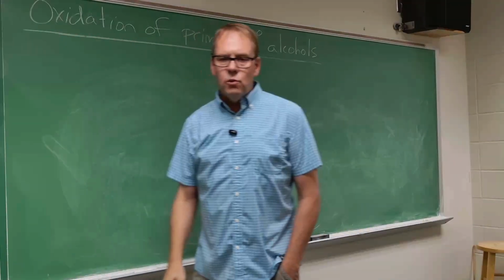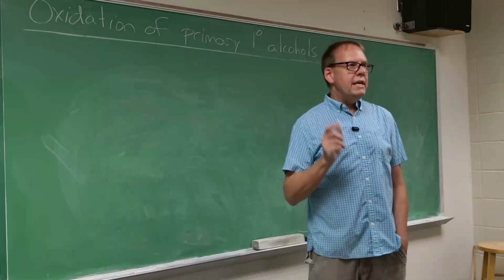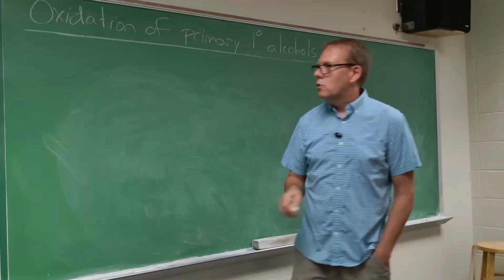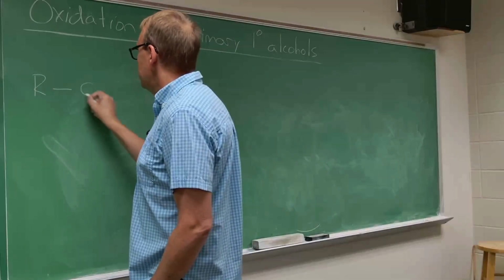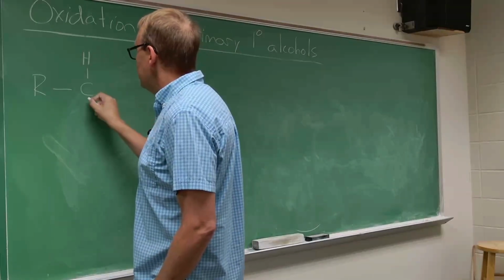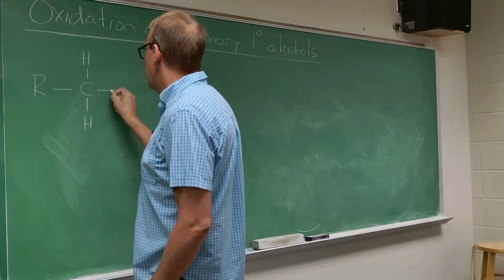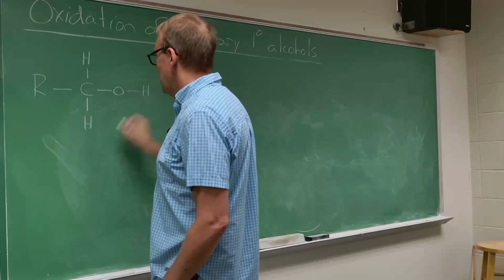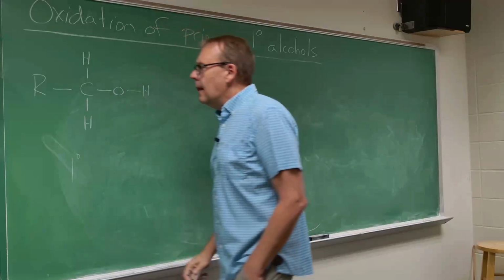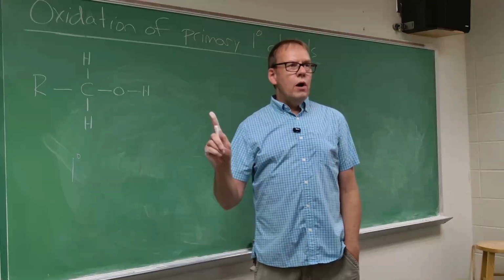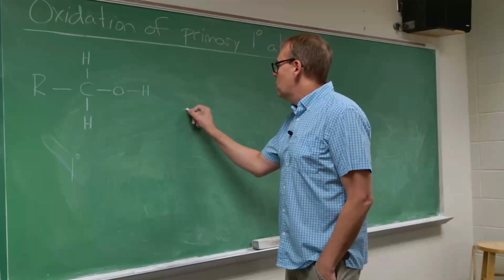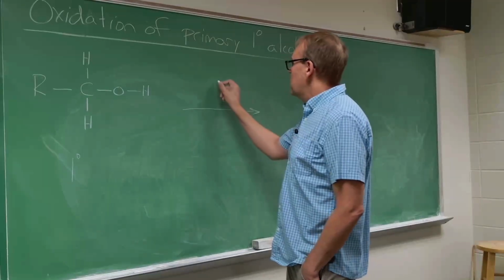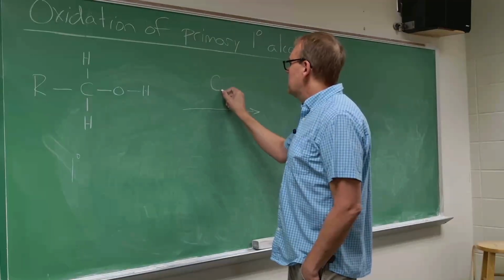The first reagent we're going to look at is one called PCC, or pyridinium chlorochromate. If you have an alcohol that has one carbon group attached to that carbon that the OH is bonded to, this is a primary alcohol, you can oxidize it once selectively if you pick your reagent properly. The reagent that we'll use for this application is one called pyridinium chlorochromate.